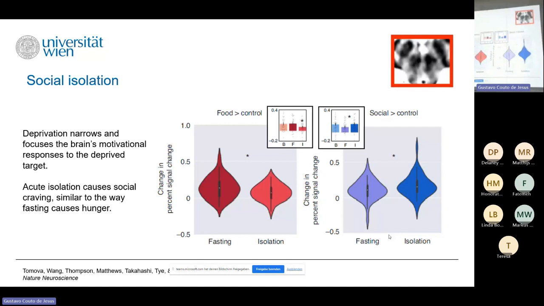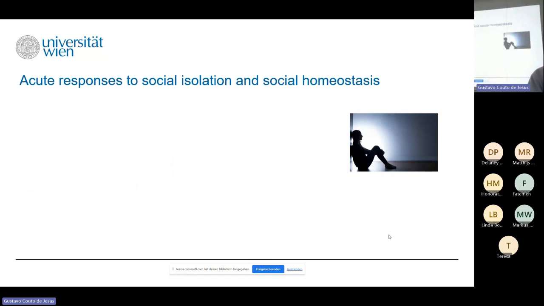So what we did, we tried to move beyond the study and ask why this is the case. What is happening during social isolation that leads us to be more sensitive to other people or social stimuli? How does our homeostatic system react to this deprived state? And is this reaction similar to what happens during fasting?